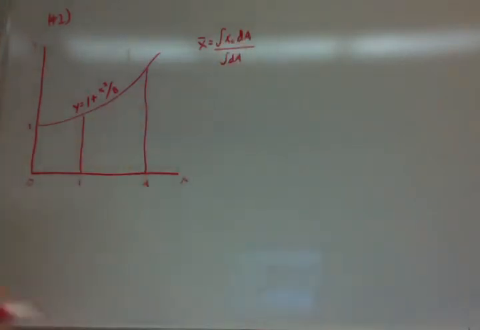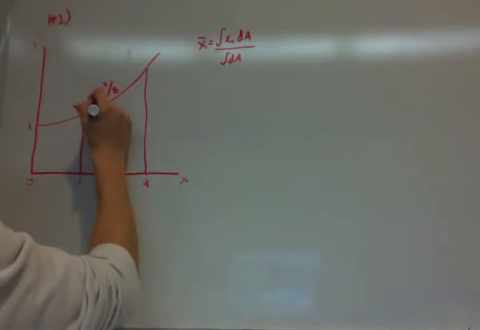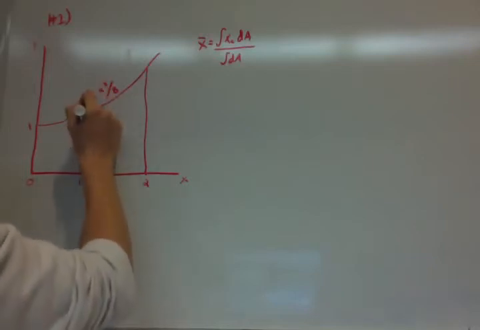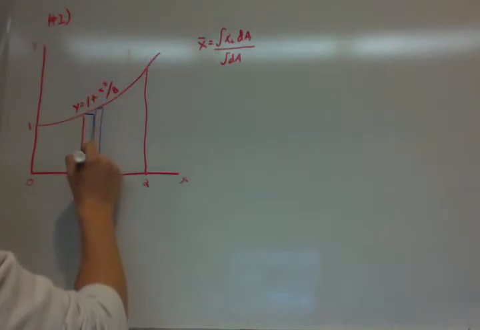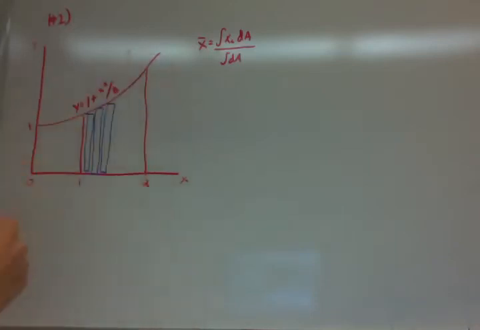The derived area is these rectangles that we use to determine the area under a curve, right? So there's a bunch of little rectangles here, and each one of these represents a dA.